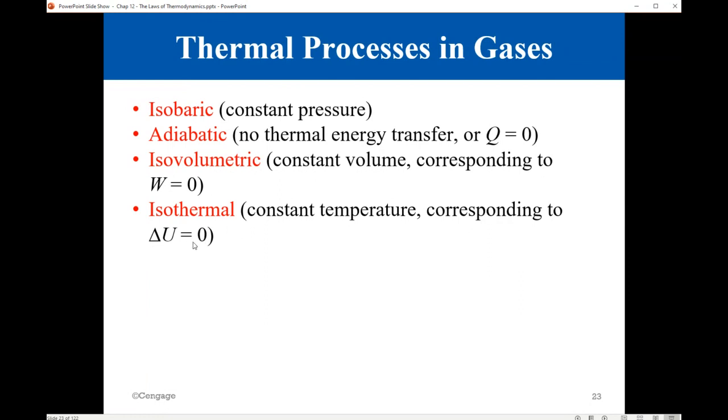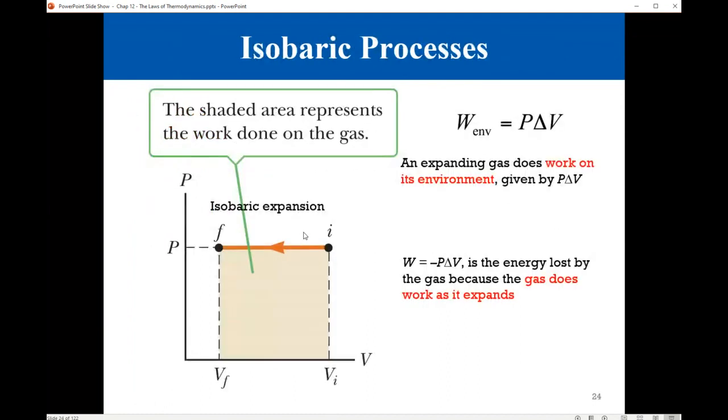If delta U is 0, then W equals minus Q, or Q equals minus W. Whatever change in the heat energy, it will appear in the form of work being done by the gas or on the gas, depending whether the heat energy is absorbed or released.